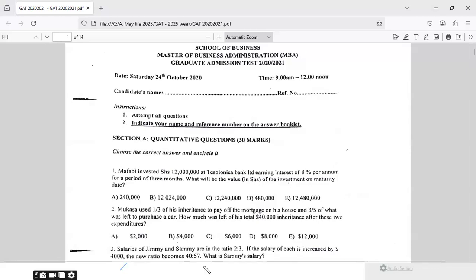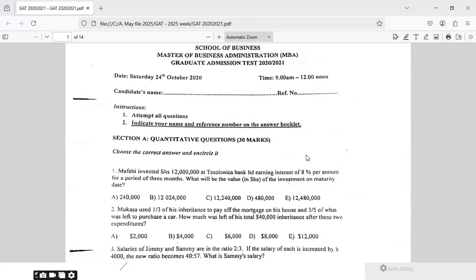Now, in this case, how much was left of his total of $40,000 inheritance after these 2 expenditures? We are going to move slowly by slowly. Let's do the way the question is saying.